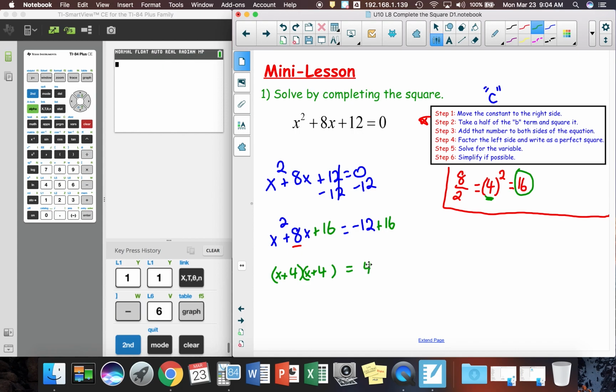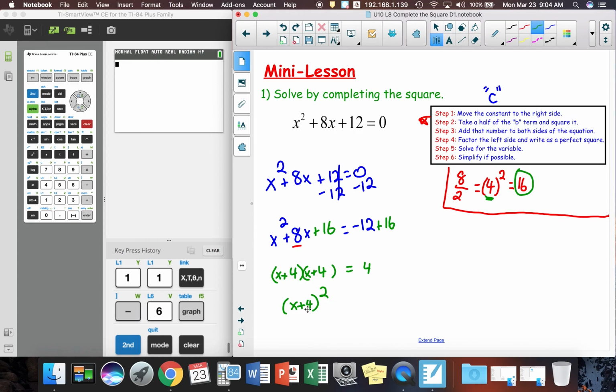Alright. Now, I did part of step 4. It said factor the left side. But it also says to write it as a perfect square. What that means is that whenever we have two parentheses that are exactly the same, I can just rewrite them as x plus 4 and then a squared on top. Now this is why we call it completing the square.